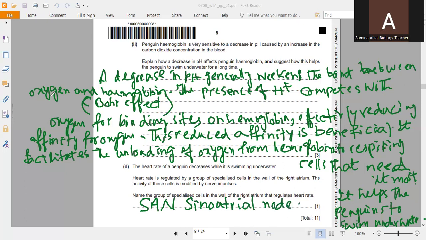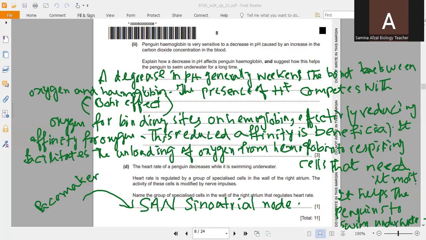So it is a very important part of our heart, because it is the heart's natural pacemaker. So this is the natural pacemaker.